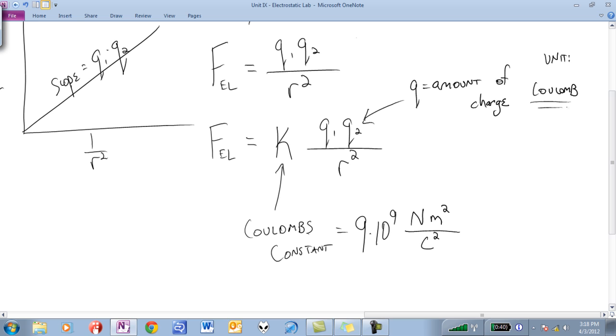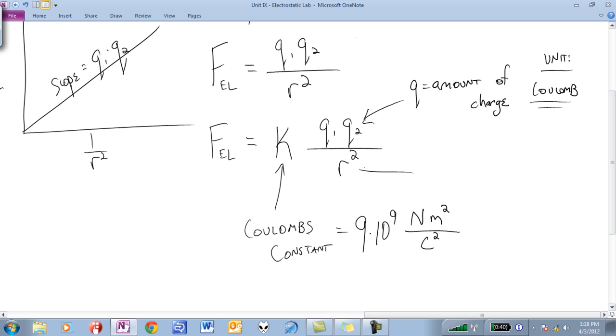Coulombs are equivalent, or there's a conversion factor that you could look at in terms of electrons. Coulombs go more towards understanding electricity. That's actually where a coulomb is defined. We are not there yet. It deals with charge flow. So we can't necessarily define it yet, but I'll give you a conversion factor on what that is. So again, the unit for the amount of charge is a coulomb.